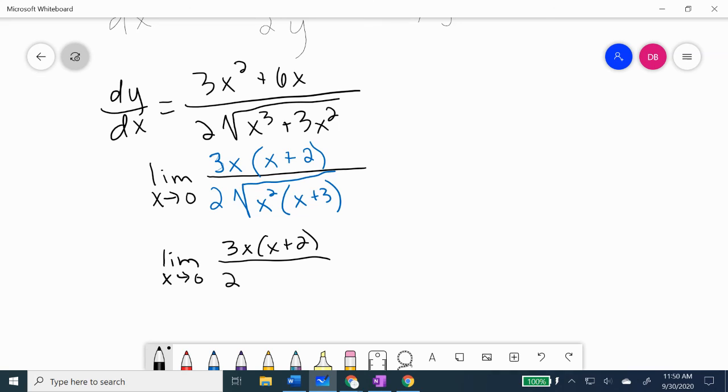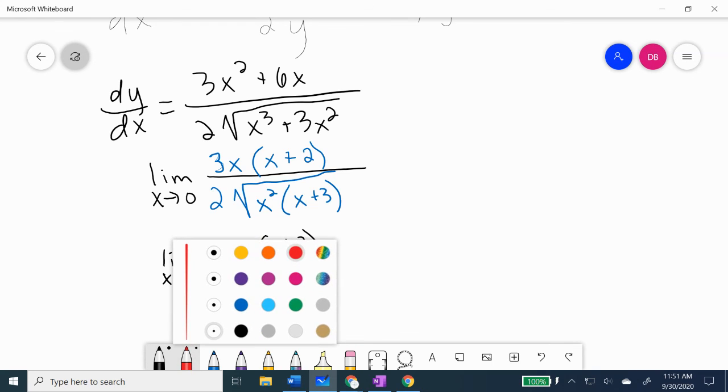Now be careful, technically the square root of x squared is the absolute value of x. Right now I'm just going to put down x, and I've already got to deal with the negative issue anyway, so I will look at what happens with this positive versus with this negative.